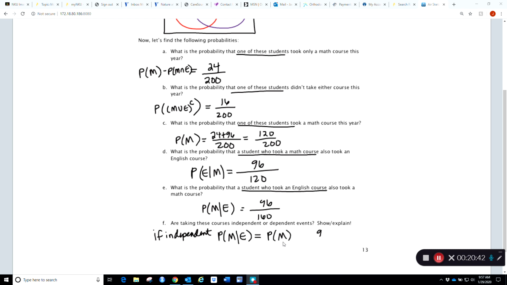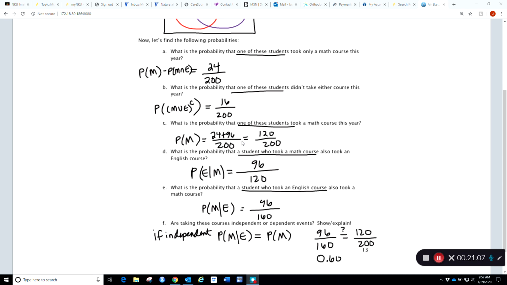So my probability of math given English was 96 out of 160 students. I want to see, well, is that the same as the probability of just taking a math course, which we already have above as well in Part C. Again, might be hard to see without actually doing the decimals attached to this.